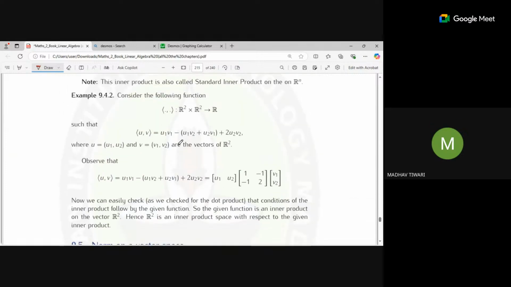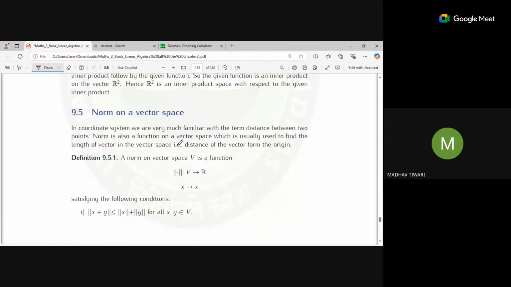Okay. So that's okay. Next is the norm of a vector. So norm also has to satisfy some properties like this.